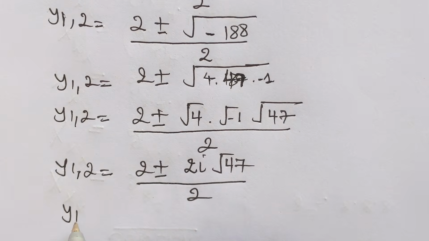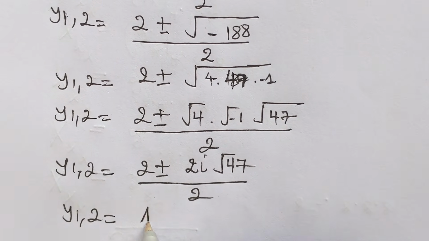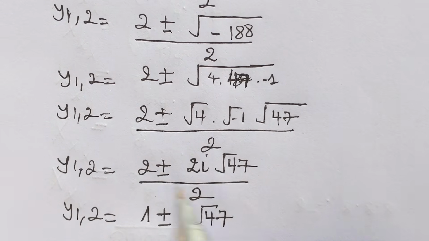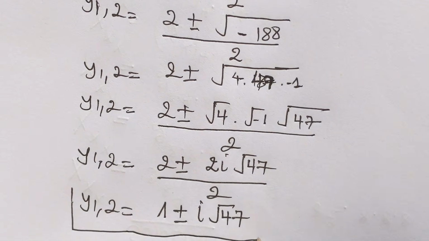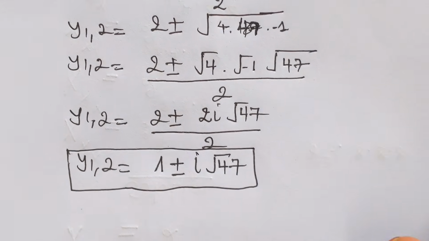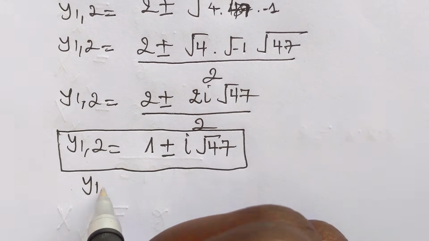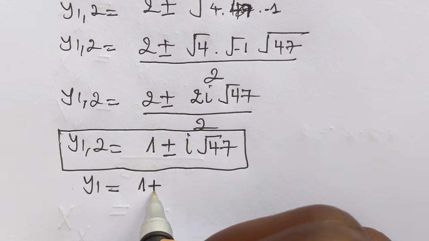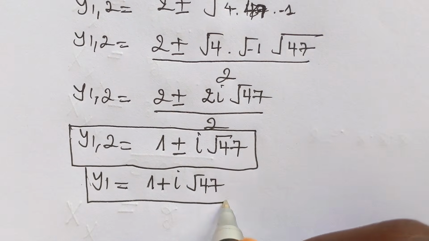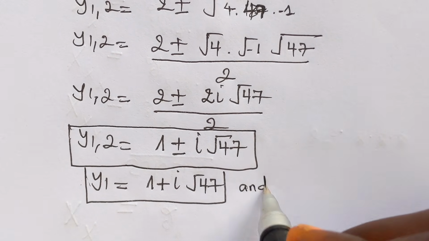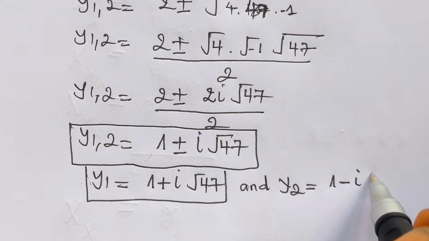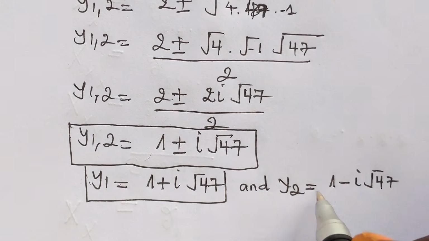Whereas y1 and 2 will be 1 plus or minus i square root of 47. To mean that y1 is equal to 1 plus i square root of 47 and y2 is equal to 1 minus i square root of 47.